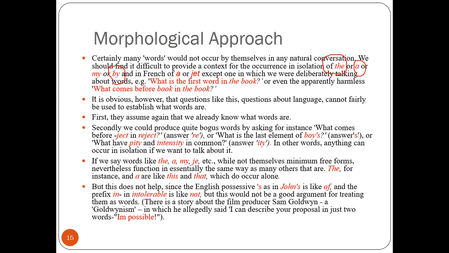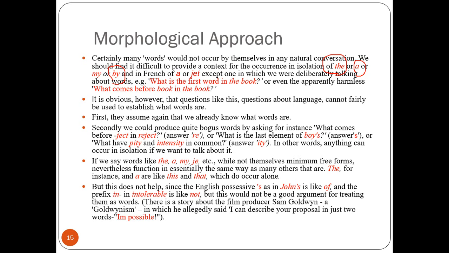But that's not the way we talk. It could be a question in a classroom if you ask students. It is obvious, however, that questions like this, questions about language, cannot fairly be used to establish what words are. That's not the scientific method.